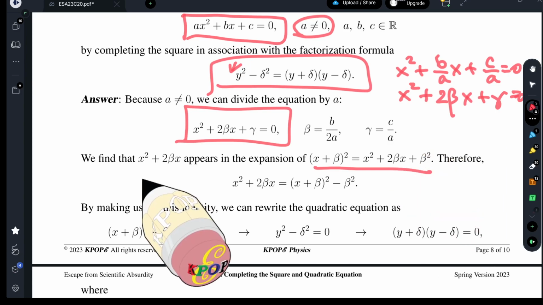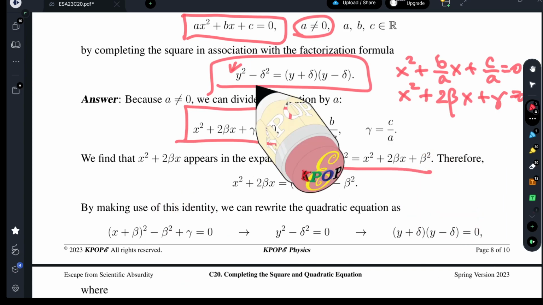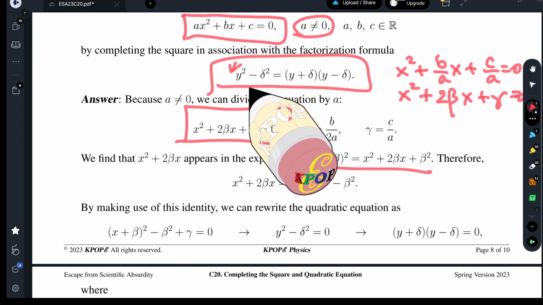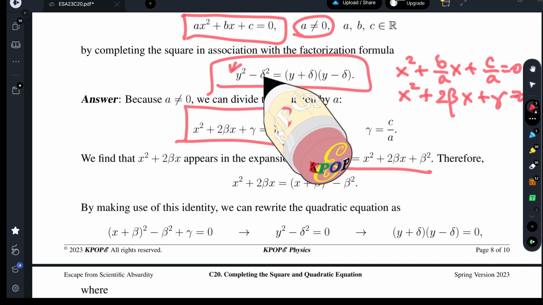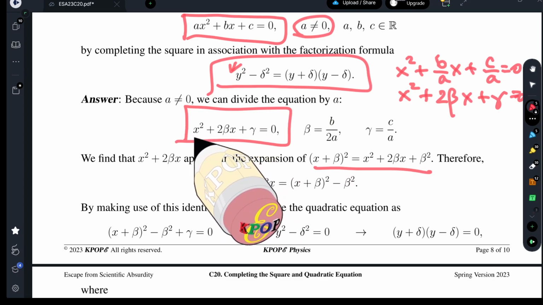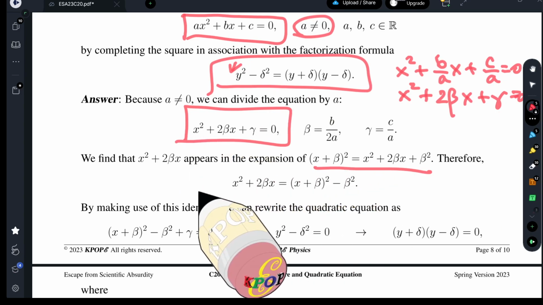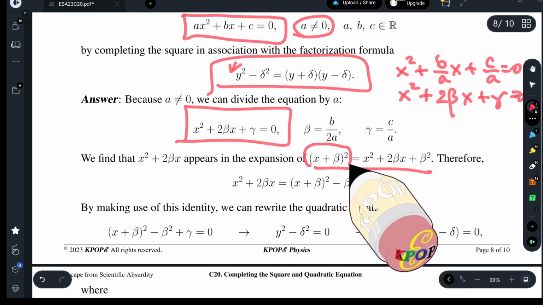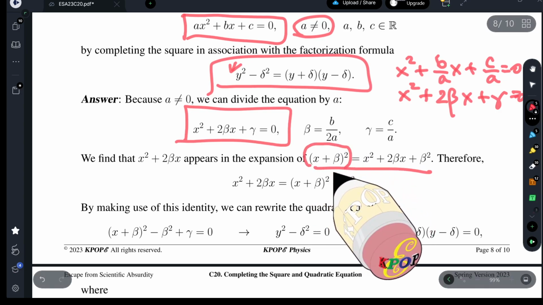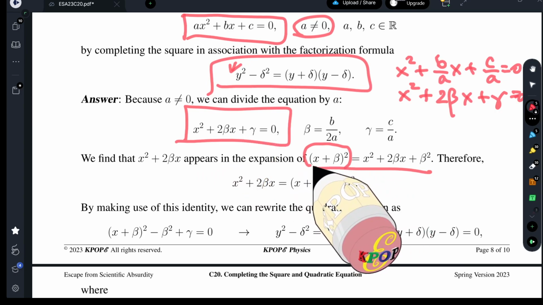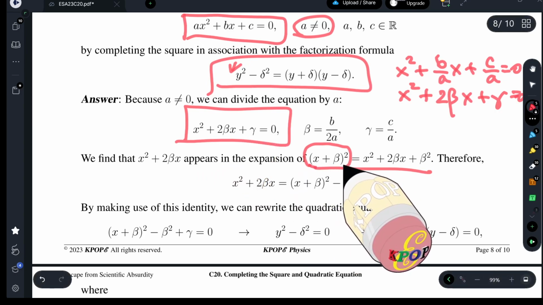Now, we'd like to remove the linear term by translating the origin. This can be done by introducing a new variable y in such a manner. Why? x squared plus 2 beta x comes from the expansion of x plus beta squared.